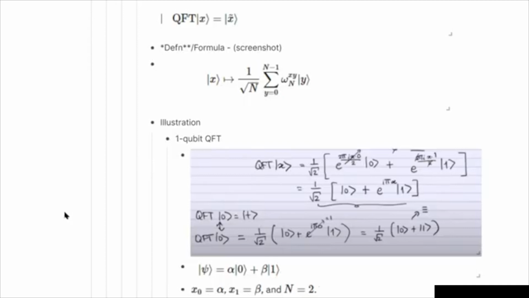The amplitude normalization factor would be 1 over root 2, and omega is e power 2 pi i over capital N, where i is the square root of minus 1, so that would be 2 pi i over 2. We have taken a generic x state, and y goes from 0 to N minus 1. So for y equal to 0 we have one term, and for y equal to 1 we have another term.